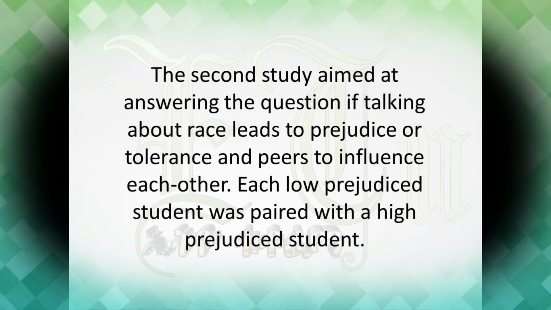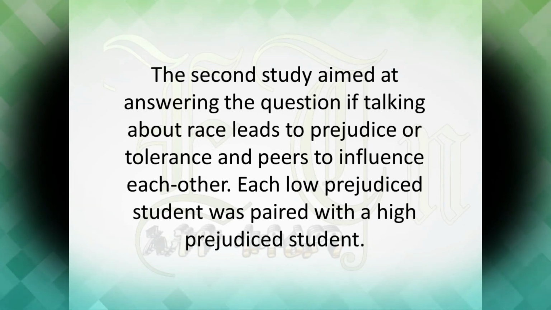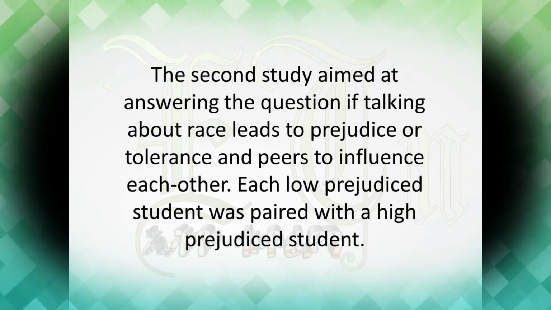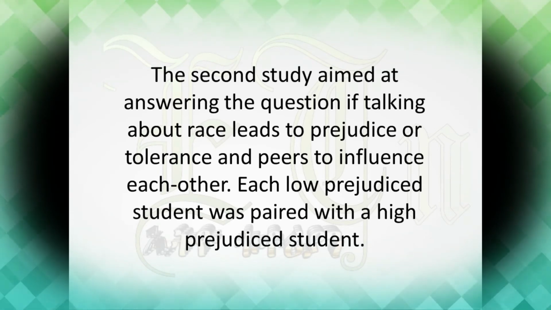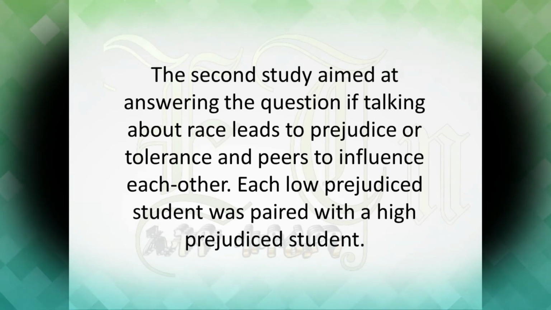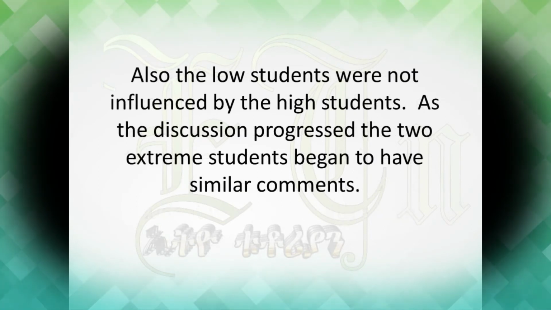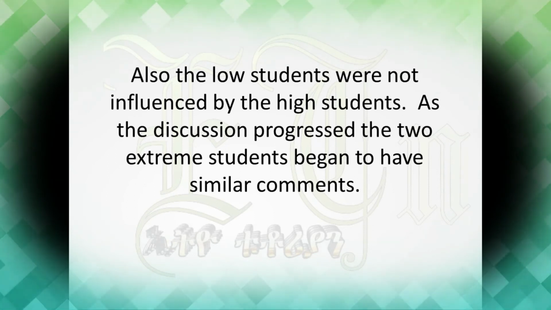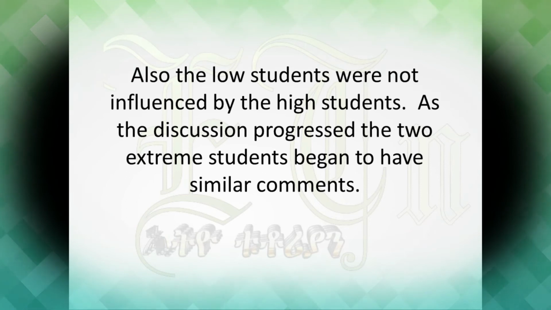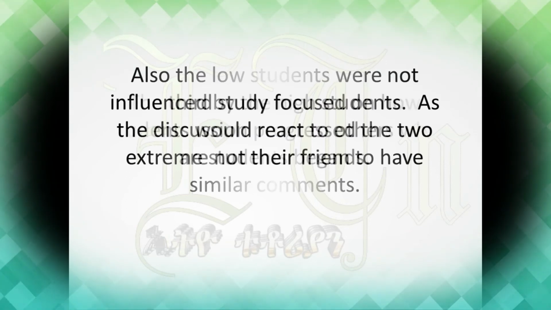The second study aimed at answering the question of whether talking about race leads to prejudice or tolerance, and peers' influence on each other. Each low prejudice student was paired with a high prejudice student. Also, the low students were not influenced by the high students. As the discussion progressed, the two extreme students began to have similar comments.